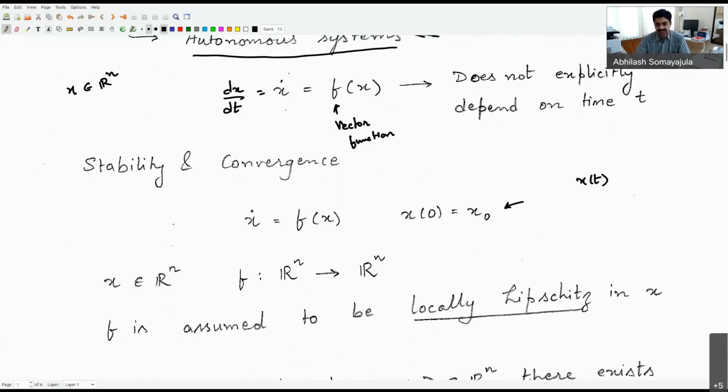Okay, so first things first, we will be dealing with systems where this so-called f of x is assumed to be a continuous function, which means there are no breaks in f of x, there are no jumps in f of x. At the same time, we also want to impose something stronger, which we call locally Lipschitz.